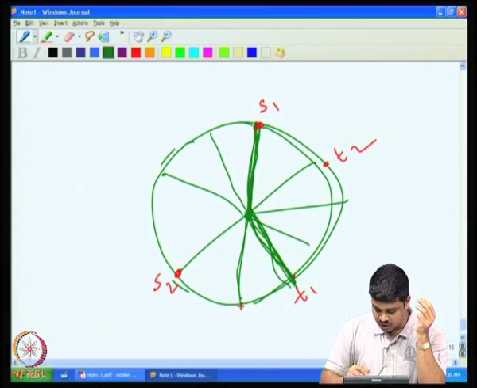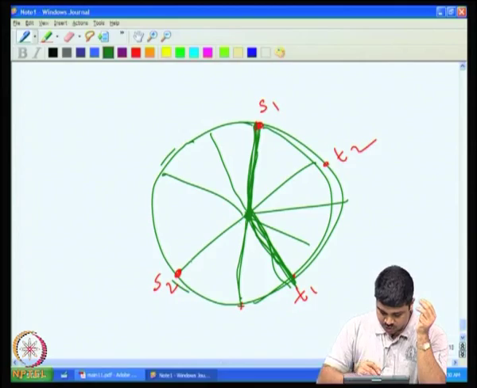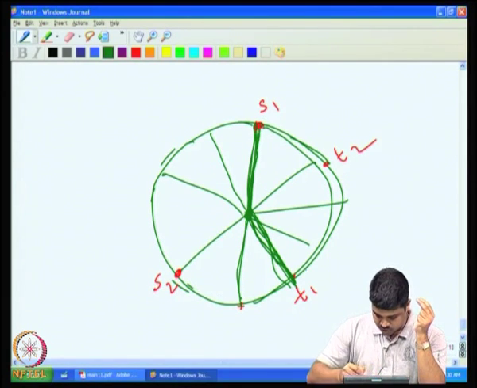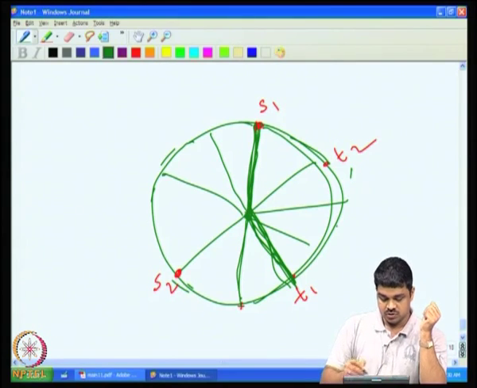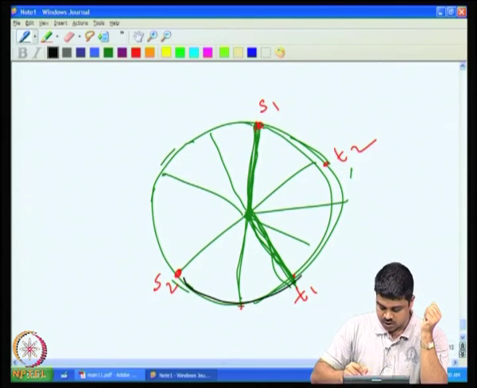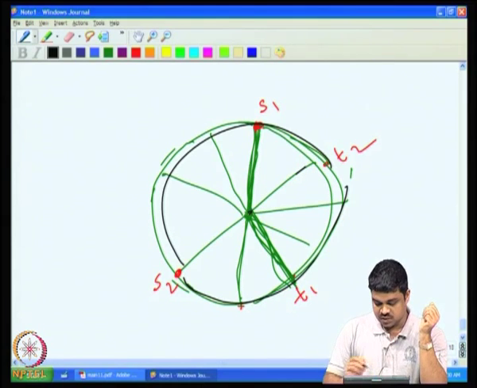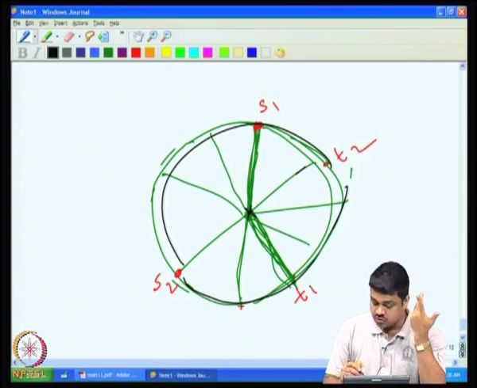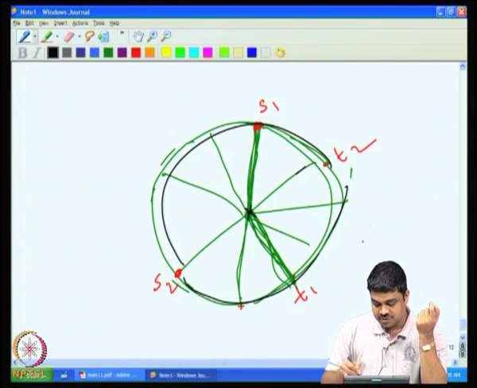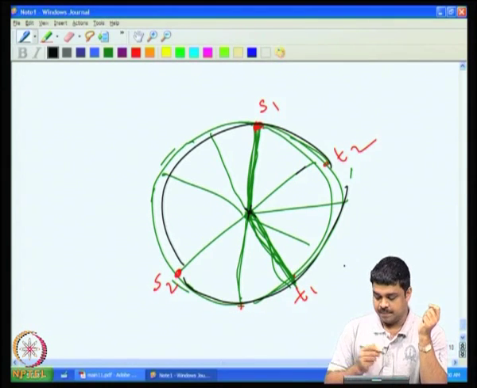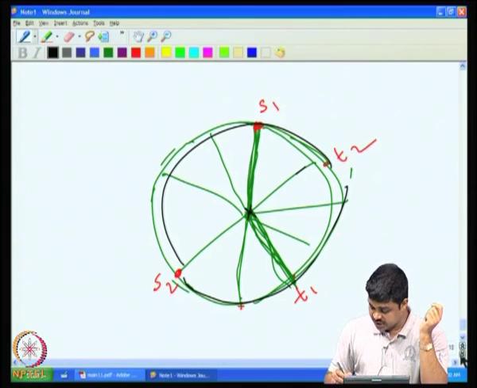Now, for the other pair S2, T2, if I try to go like this, S1 is blocking it. If I go like this, T1 is blocking it. So, both ways I cannot go, and this is not possible either, because this vertex is already taken by the other path. So, here you can see that even with 3-connectivity, it is not happening in general.